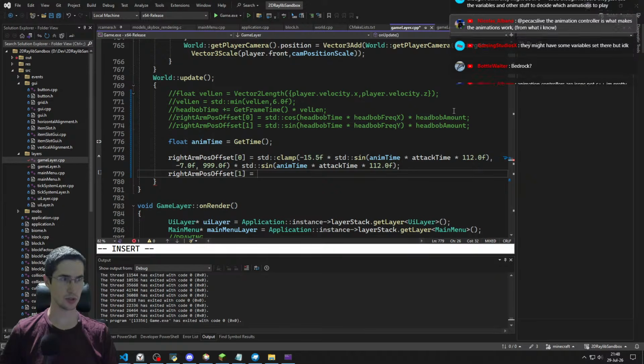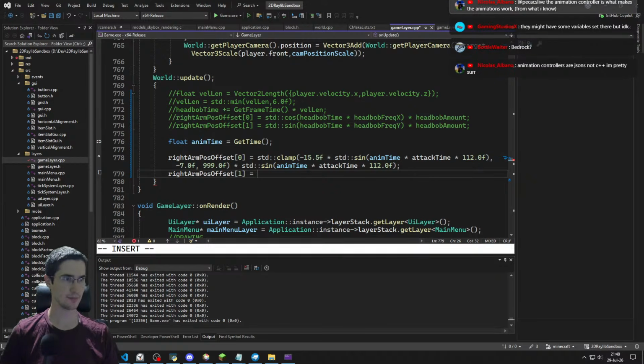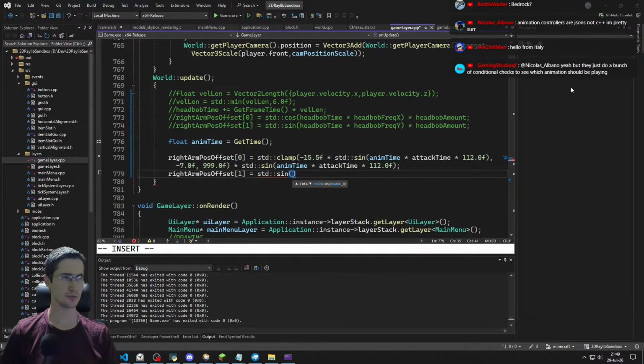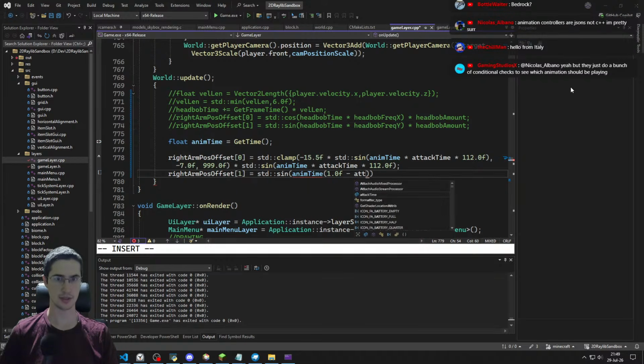And what's the other one? The other one is just a sine. The other parameter is just math std sine. They just use the sine of the time that has passed minus attack time.